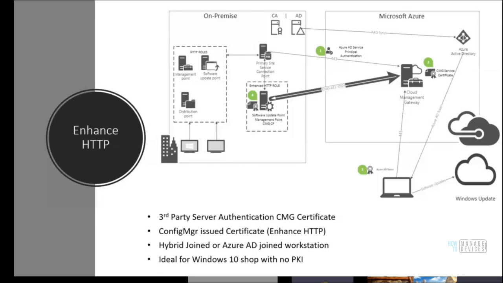In enhanced HTTP, we can also use a third-party certificate, and you can also use a wildcard certificate. If your company has already purchased a wildcard certificate and wants to use it for CMG, they can very well use it. A wildcard certificate is not recommended from the security perspective, but it is possible, not an issue.